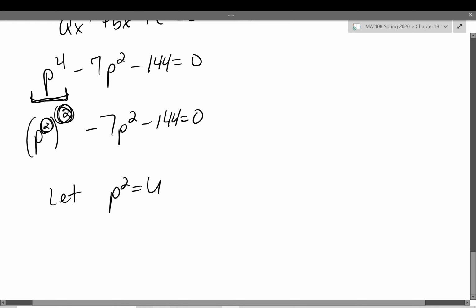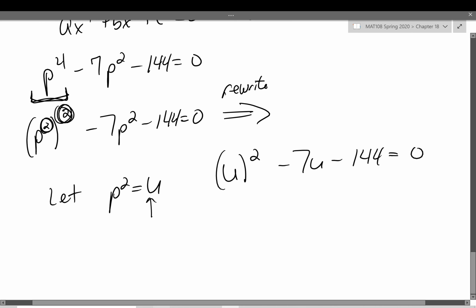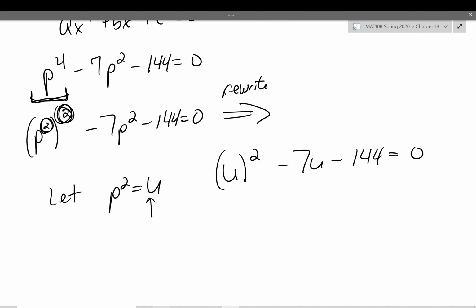Wherever I see the p squared, I change it to the letter u. So I get u squared minus 7u minus 144 equals 0. Hopefully you see that. Like I said, this is not a trick. Once you've done this enough, you start to see certain things happening.